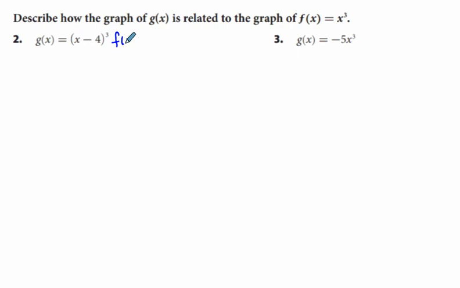So I'll say f of x is equal to a times quantity 1 over b times x minus h cubed plus k. And this a is what vertically stretches or compresses.